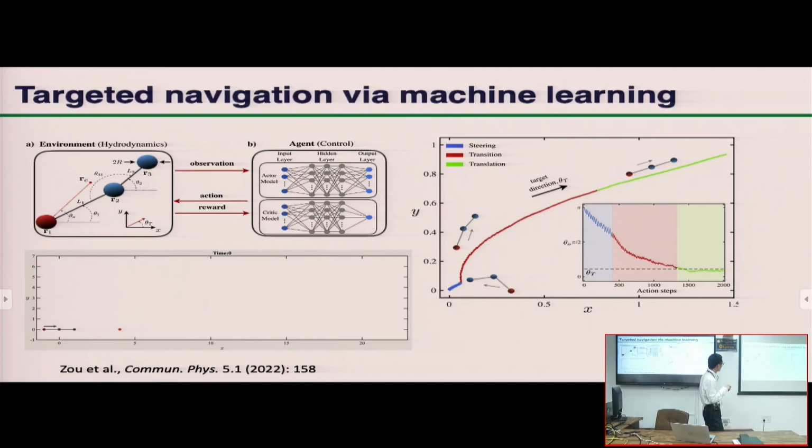In this case, the gait is simply that I'm going to allow the arms to extend or contract. And I'm also going to allow the angles to change, so I can change the relative orientation between these 2 arms. So if I put that kind of object that has the self-actuation in water, it's going to self-propel. And here the point is, can we guide them somewhere by tuning this gait over time through a machine learning model? And the way we do that is, here there's a video showing this kind of simulation.